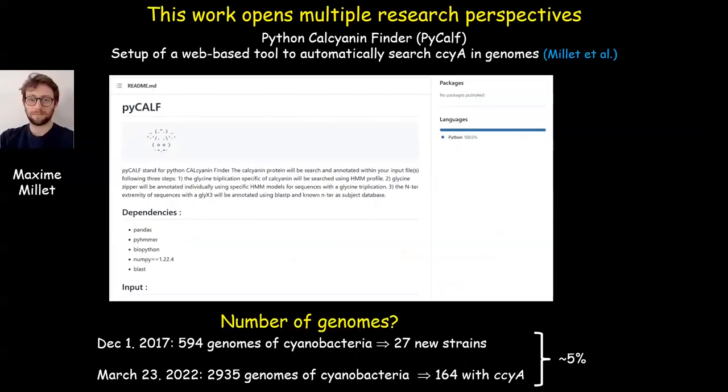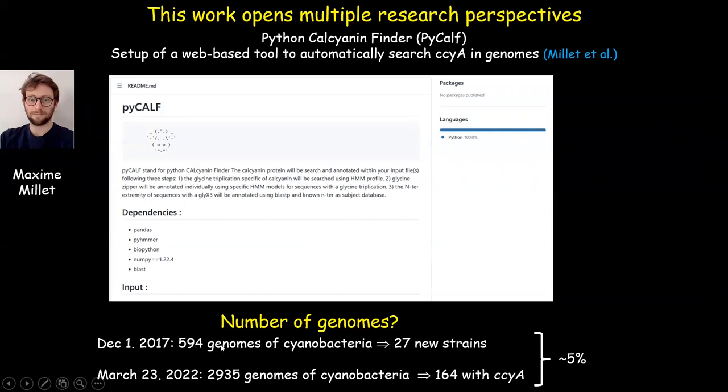Okay, so perspective now, or where we are right now. First of all, as I was telling you, there is a really dramatic increase of the information in the databases. I told you about this detection of calcyanine or CCYA in 2017.